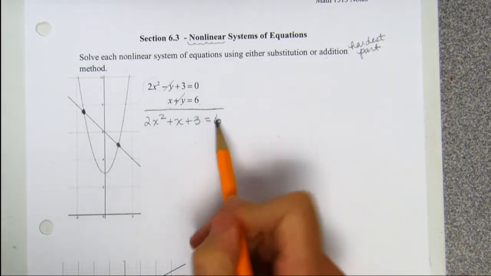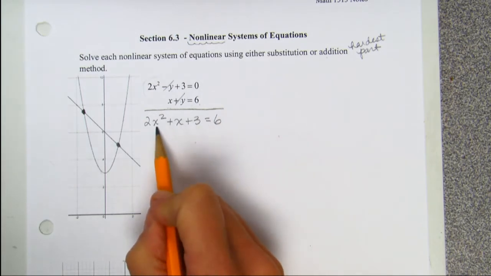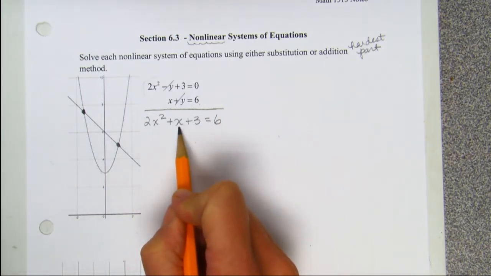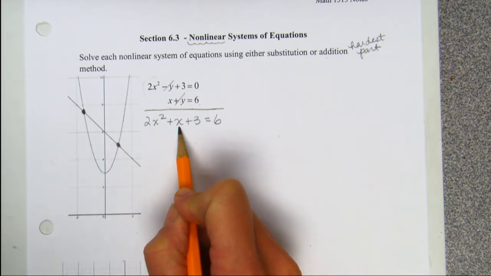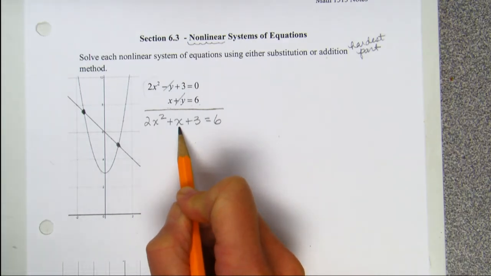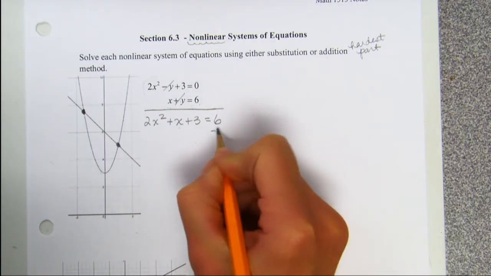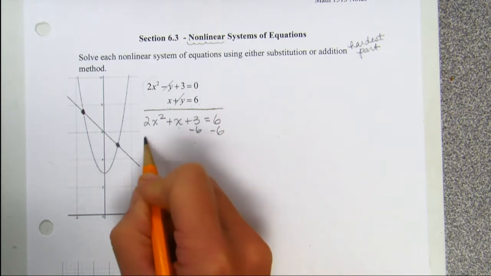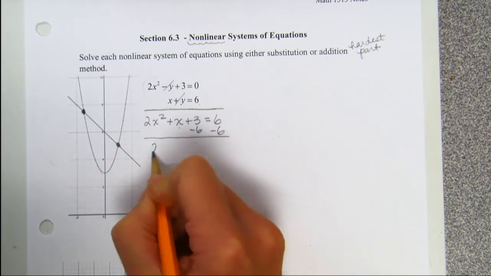Now, we have an x squared term, we have an x term. This is a quadratic equation. You need to be able to recognize that this is a quadratic equation. We're going to solve it by either factoring, square root principle, complete the square, or the quadratic formula. You will always try factoring first, and I hope you remember that when you factor, you need to set this guy equal to 0.